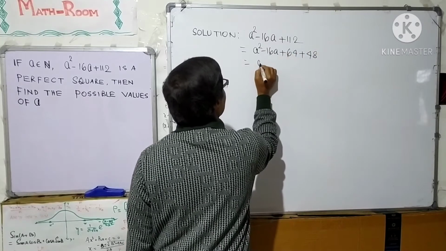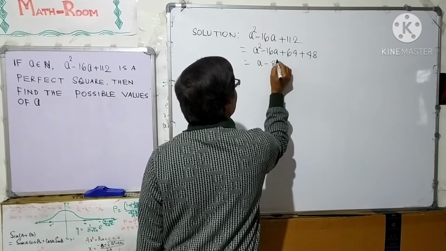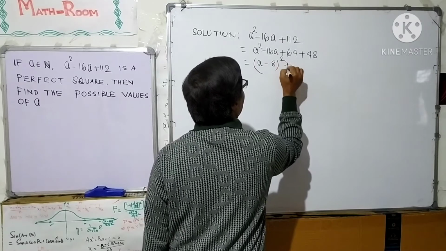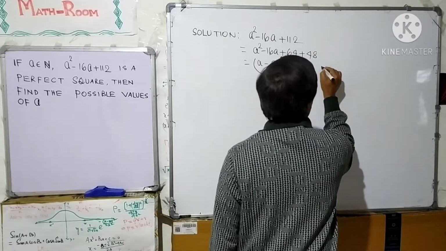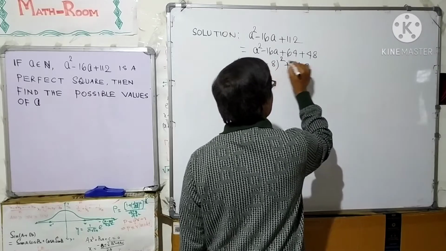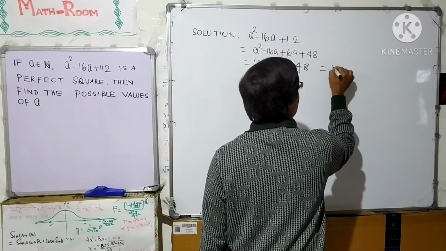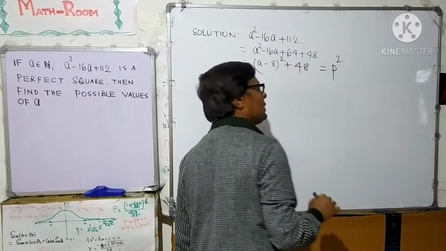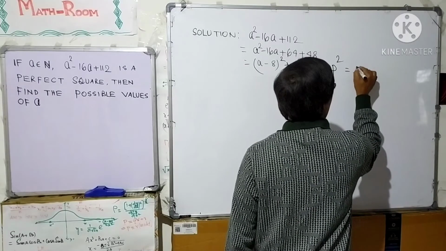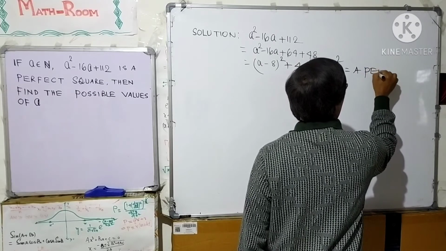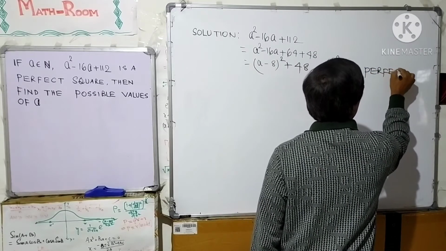This is (a minus 8) whole square plus 48. This is also a perfect square. We can write this equal to p square, where p is any natural number. This is given.